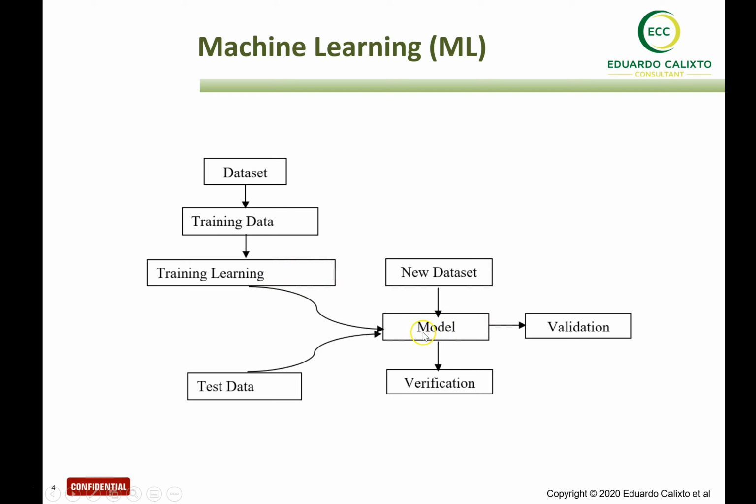Then we verify the error, and the further step is to test and verify this model based on the test data sets, that are 30% of random samples that were selected from our data set. If the error is acceptable, we go to the next step, that is to apply a new data set in our model, and then if the error or accuracy is satisfied, it is good, we validate the model.